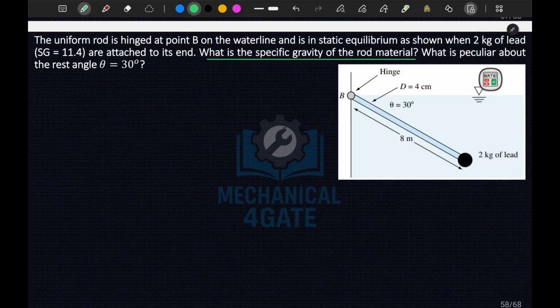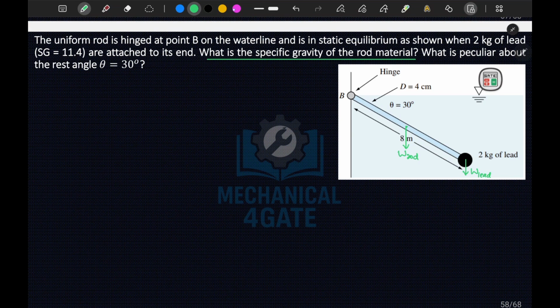we can say that the mass of the body will be acting at 2 points. First, at the midpoint of this rod, this will be your weight of rod. Here it will be your weight of lead.